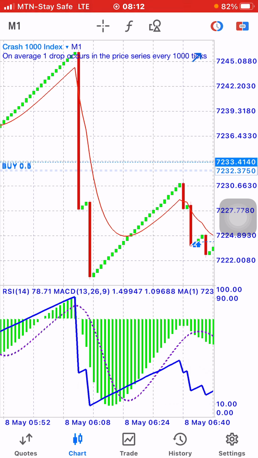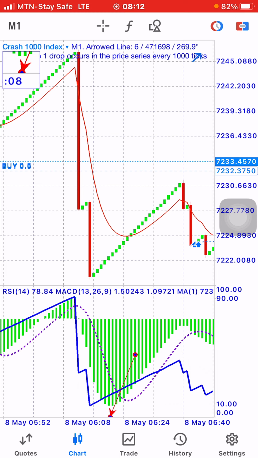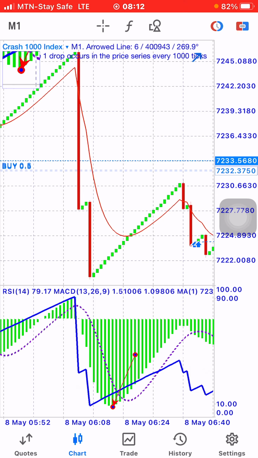This is where I'm talking about, this place like this. If the purple and the blue line cross each other down here after the spike occurred, after some time when you've entered the market, then you exit the market.